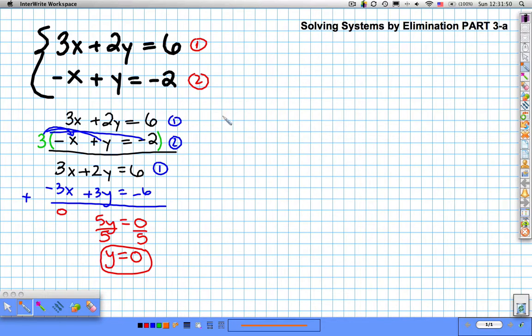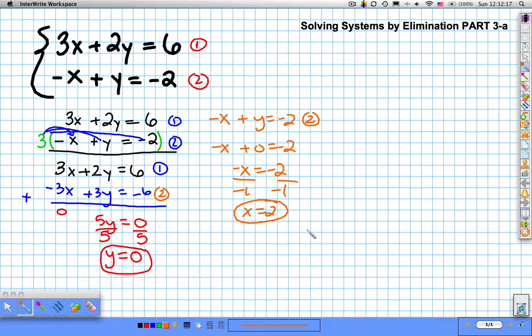Notice I did not use my new equation 2 here. I'm using the original equations that the book provided. When I substitute 0, I get -x plus 0 equals -2. So -x equals -2. I'm going to divide by -1, so x equals positive 2.